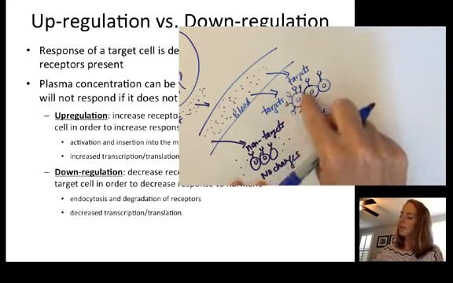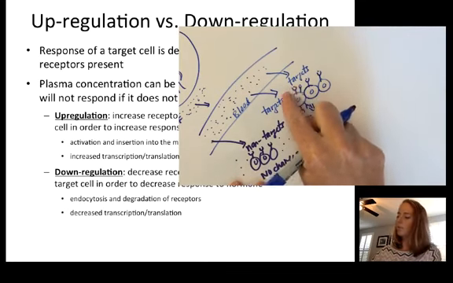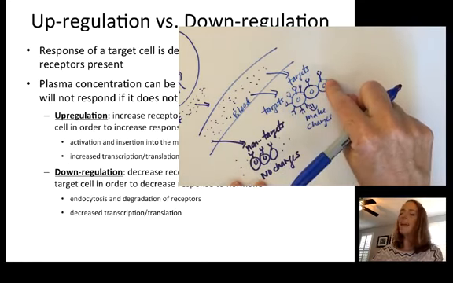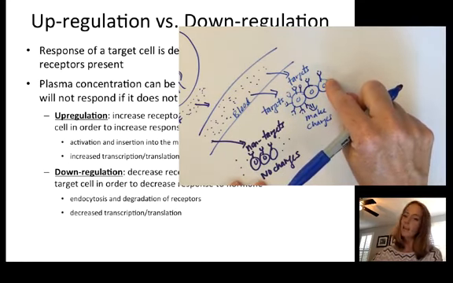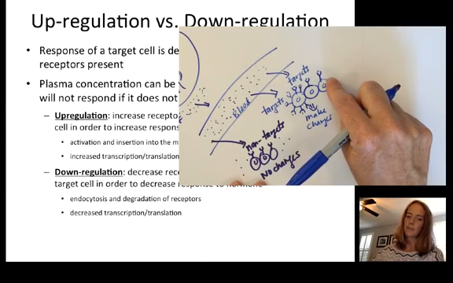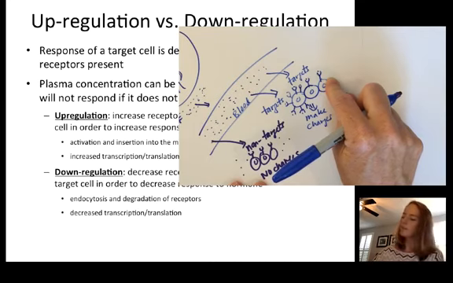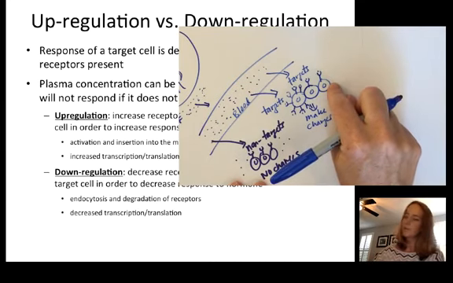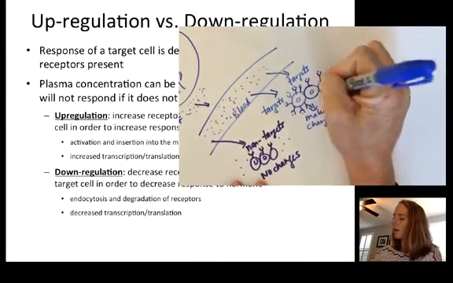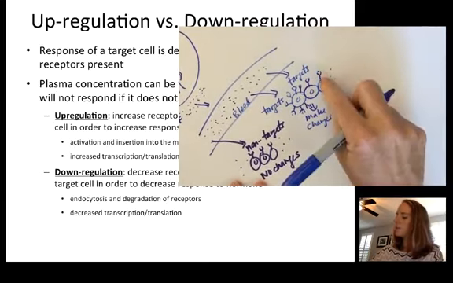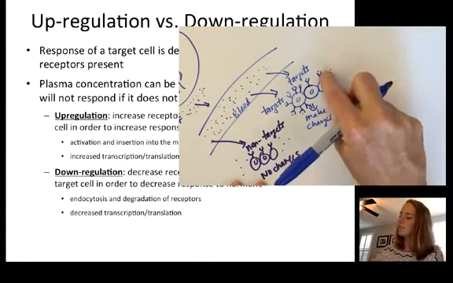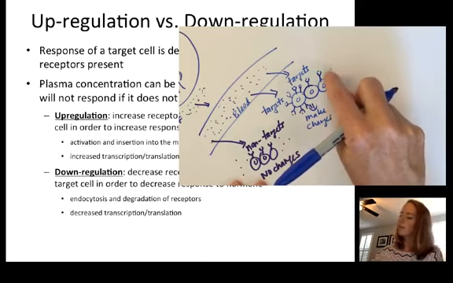If we take this situation though and we remove receptors and go back down or downregulate, we decrease the number of receptors for a specific hormone in a target cell. This can happen through endocytosis, degradation of receptors, decreasing transcription and translation, etc. So we remove receptors, then the hormone might be nearby, but it's reaching its sort of maximum activation because it's only got one receptor to activate.